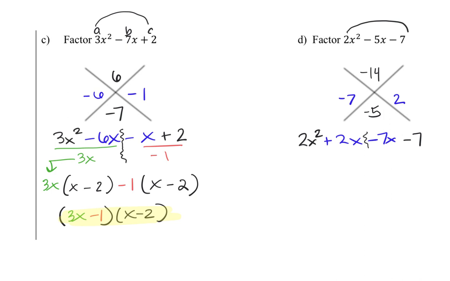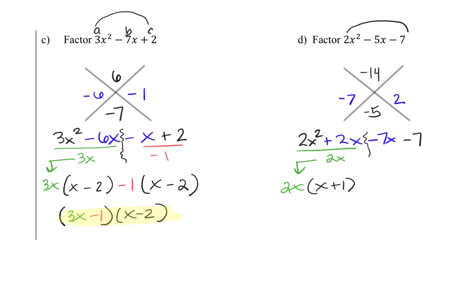So let's divide in half. We can take a 2x out of this first group. That's going to leave me with x plus 1, because the 2 divided by 2 and the x divided by x, that'll all divide out to be a 1 here.